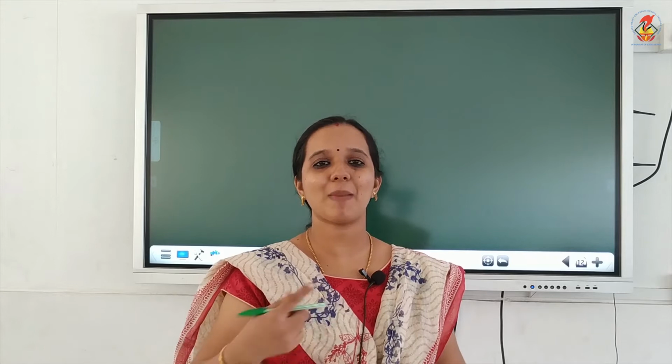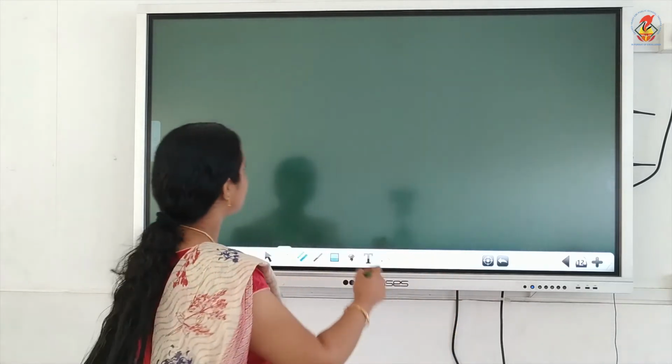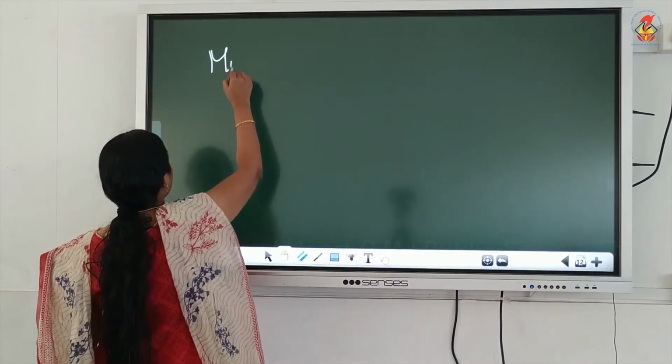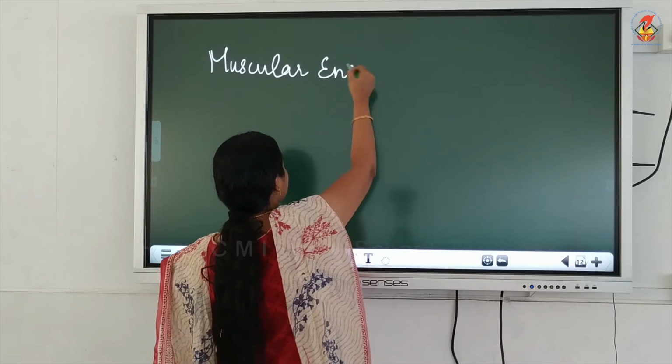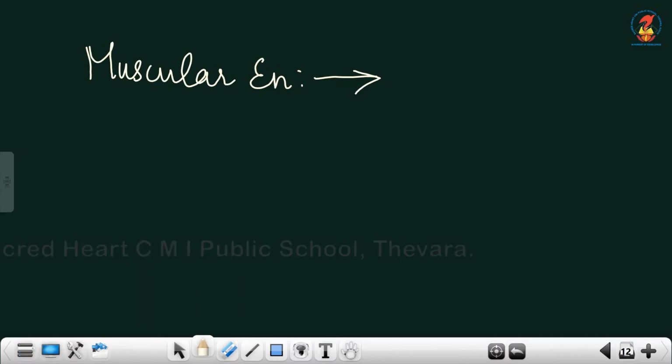So, you need muscular energy. You use your muscles to ride your bicycle. You use the muscular energy and you pedal it, and as a result the cycle will start moving.